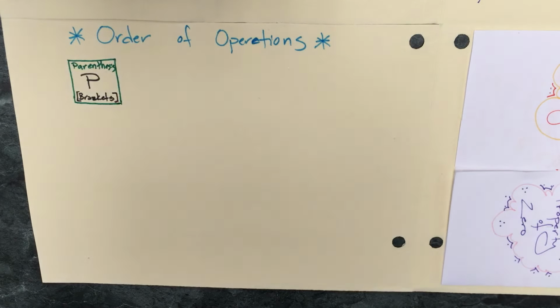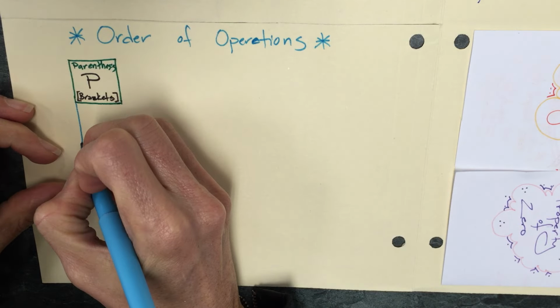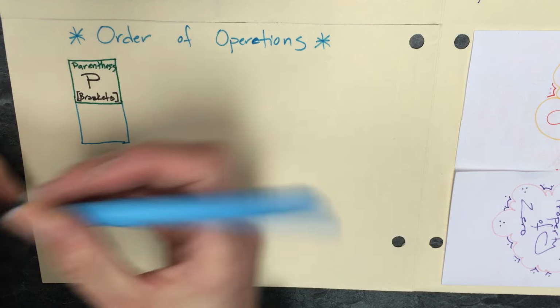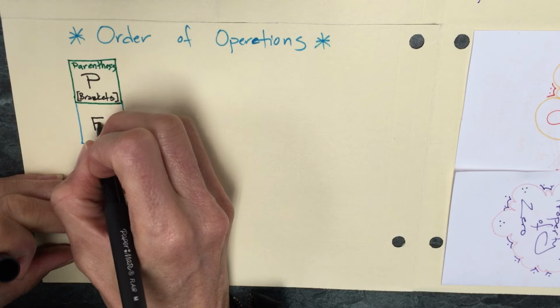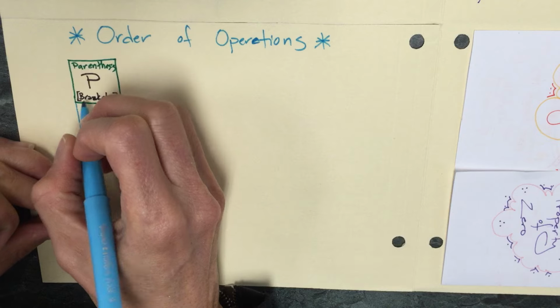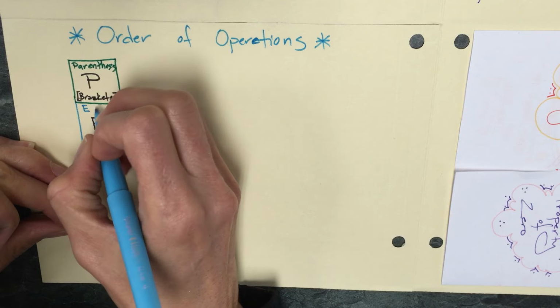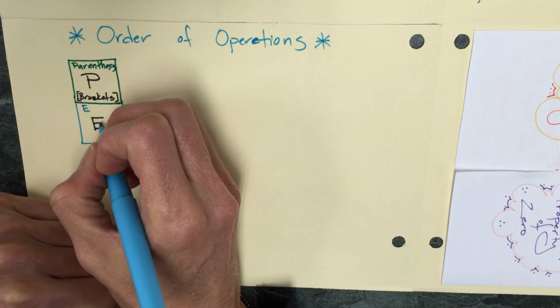Okay, let me get a different color. Next, the excuse part, the E, is exponents. So you would simplify after doing whatever's inside of the brackets or parentheses, grouping symbols.